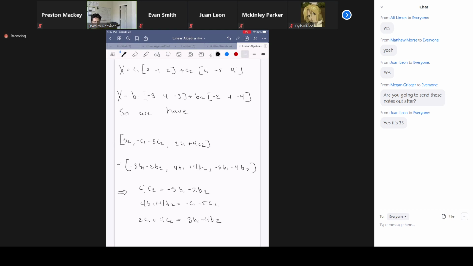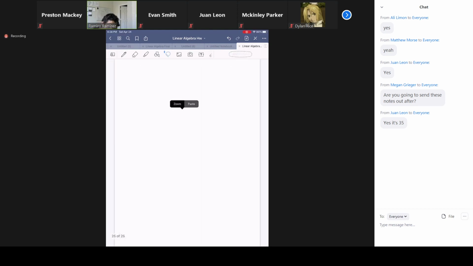So we have 1, 2, 3, 4. So we have 4 unknowns and 3 equations. Perfect. So basically at this point, all we have to do is solve for this. So I mean, we can just set up an augmented matrix like this.